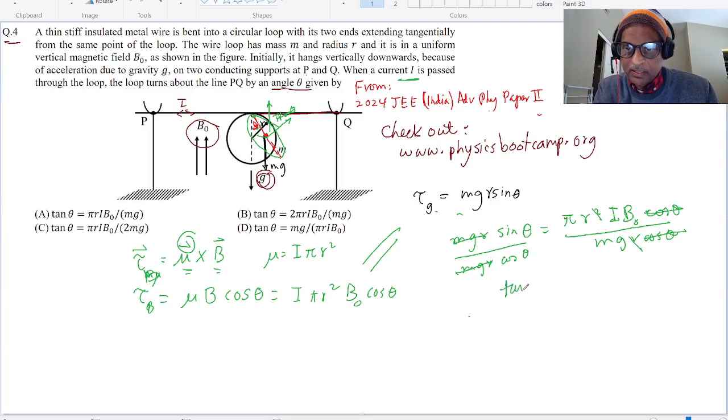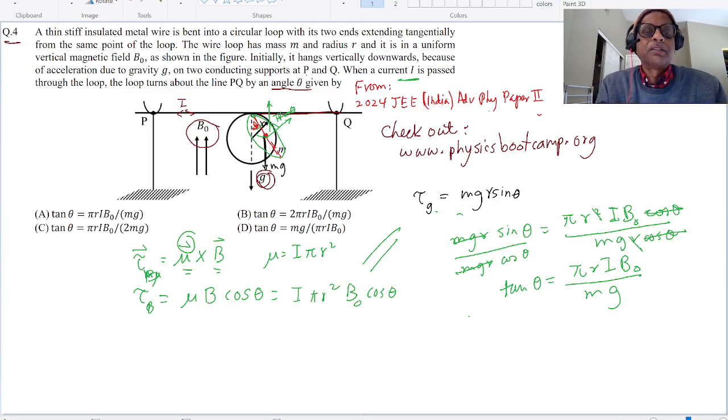Then tangent theta turns out to be pi r I B0 over mg. This is choice A.